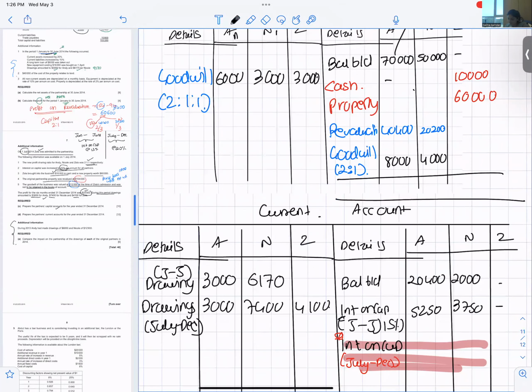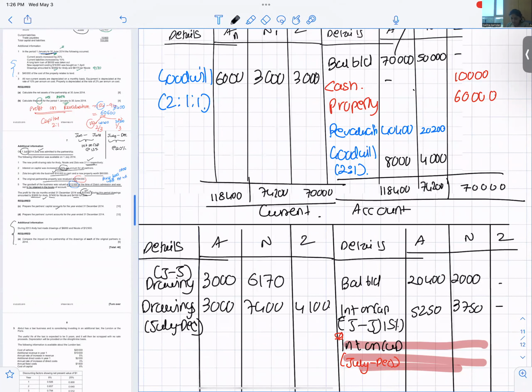I have 70,000 here, 74,200 here, 118,400 here, 118,400, 74,200, 70,000. I will get the balance of my new capital. So this is 112,400, 71,200 and 67,000.